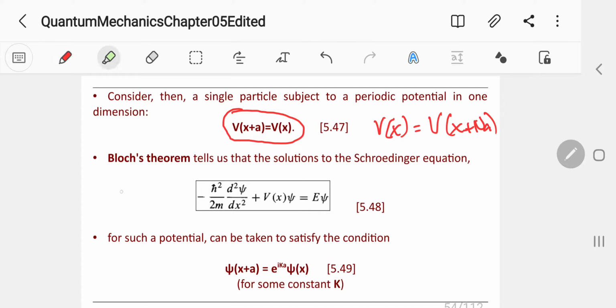So here we are actually doing Bloch's theorem that tells us the solution to the Schrödinger equation here, where of course the potential has the behavior of this one here. And so for such a potential, you can have your psi also satisfy this behavior as well.